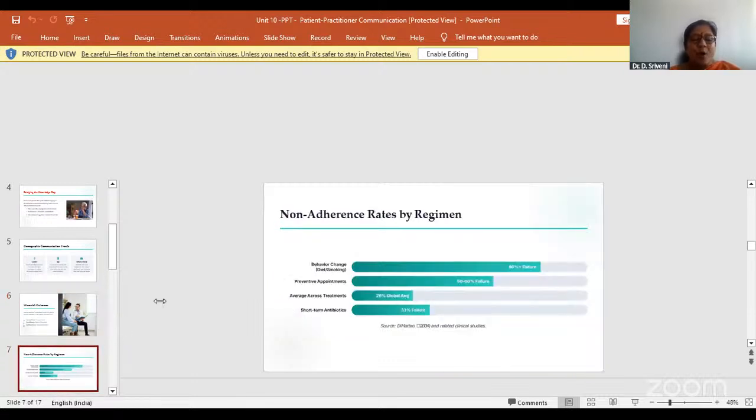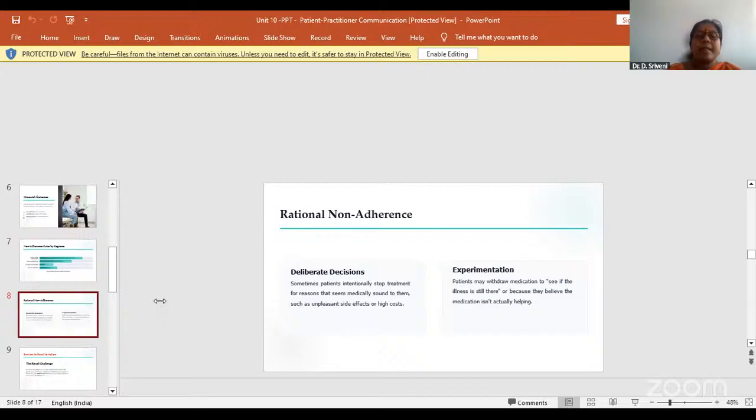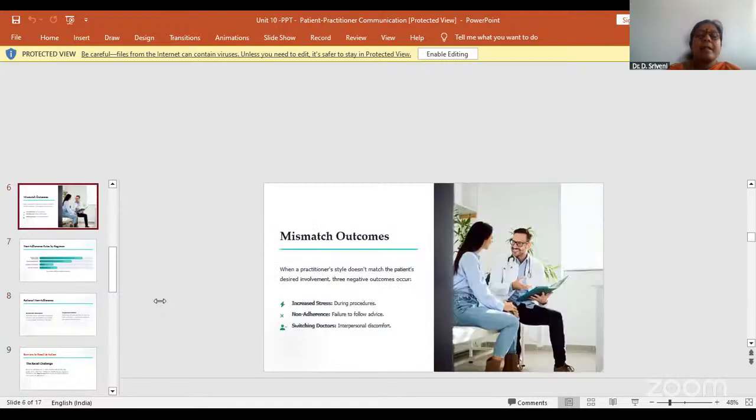Factors affecting the quality of patient-practitioner communication. So, the collaborative nature of communication. A fundamental concept in health psychology is that it takes two to tango, meaning the quality of medical interaction is not determined by the doctor alone.